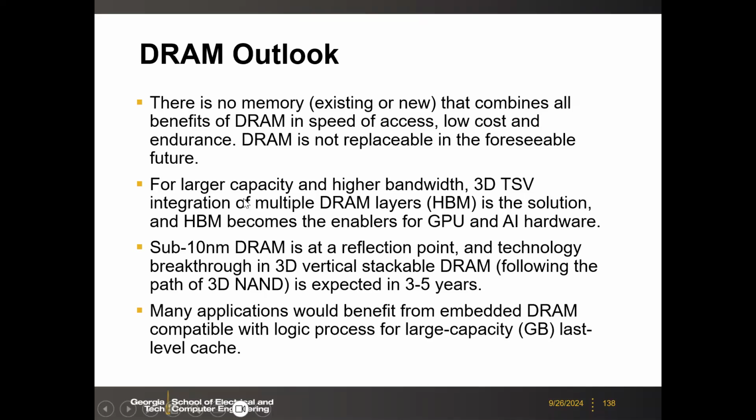And then the DRAM's recent trend is to do the HBM, right? The 3D stacking with TSV and microbump, and in the future, hybrid bonding. That's why HBM becomes the enabler for GPU and in general the AI hardware. For example, as I said at the very beginning of the lectures, large language models today heavily depend on the HBM, because a model size of 1 trillion parameters is 1 terabyte basically.